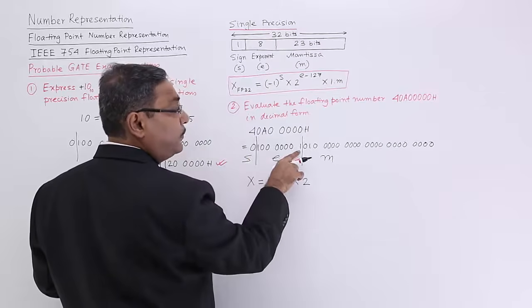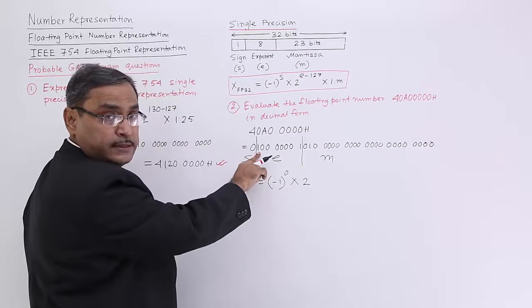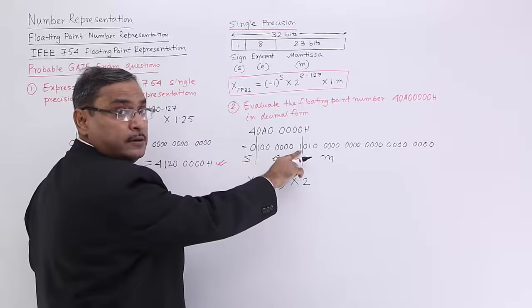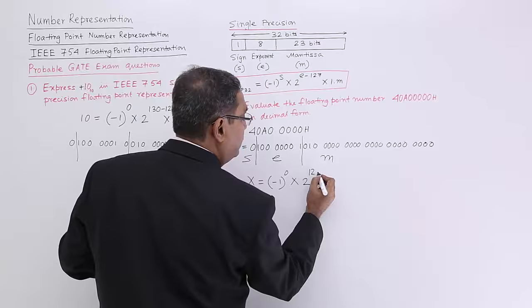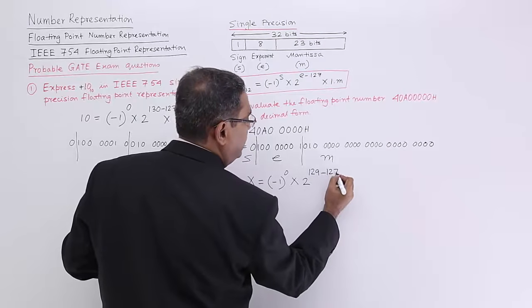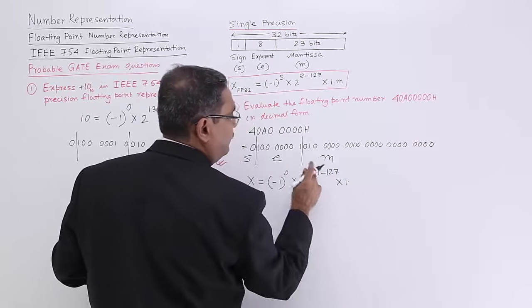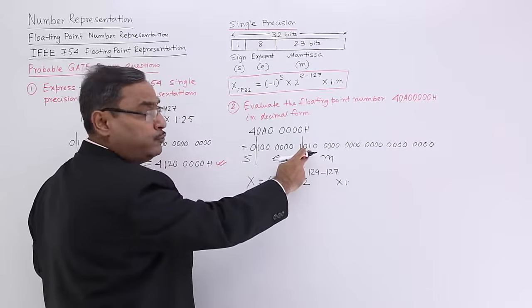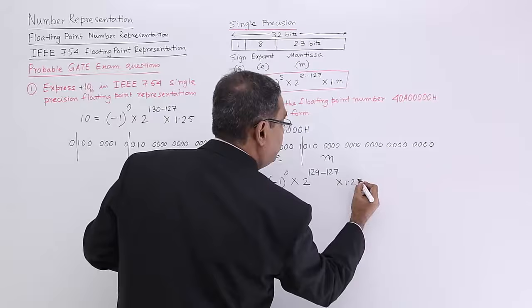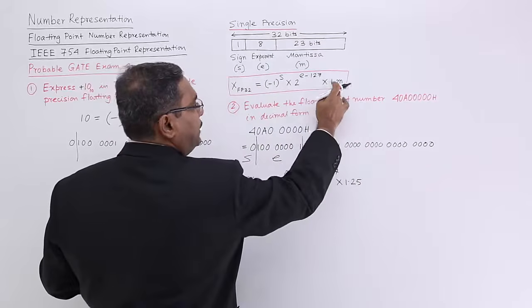128 present, 1 present. That means 129. So 2 to the power of 129 minus 127, into 1.m. This is 0.5, which I told you earlier, and this is 0.25, so 1.25, because in the expression 1 point was already there.